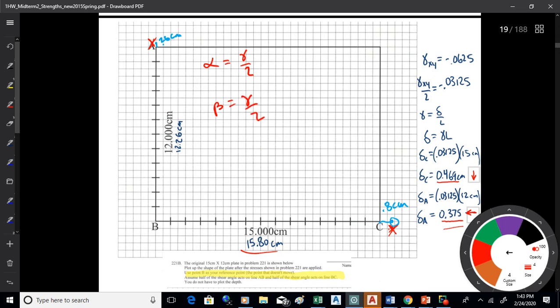That was my assumption. I didn't call them alpha and beta there, but that's really what they are. Okay, I'm splitting that angle and putting half on either side. Those are the rotations of those lines. Okay, and so what I've got there is that delta on account of that rotation will be alpha times L, and delta on account of the rotation will be beta times L. That's what I'm doing there, okay?